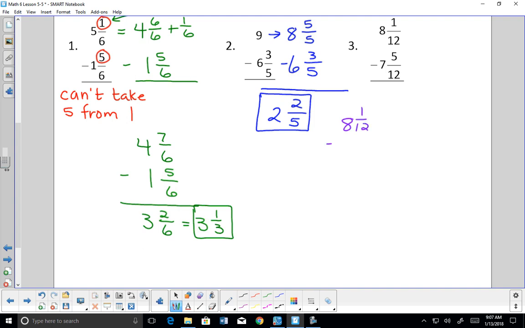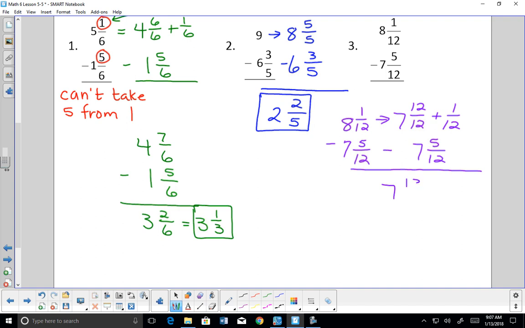So I'm going to have to borrow from the 8 and make it a 7 and 12/12 plus the 1/12 I already had. And I'm going to subtract from that 7 and 5/12. That now means that I have the following problem. I have 7, 12/12 plus 1/12 is 13/12. And I'm going to subtract from that 7 and 5/12.